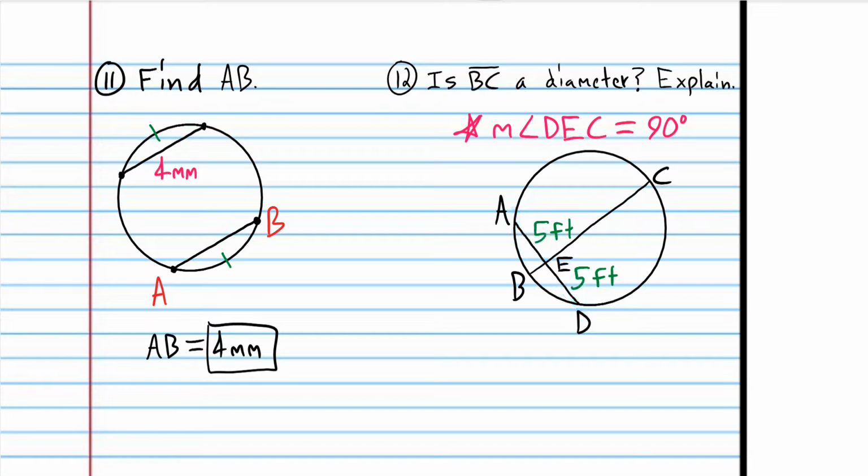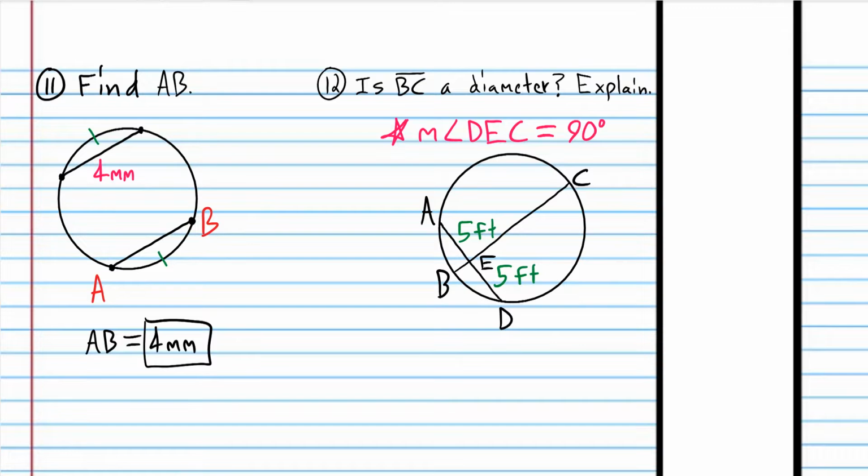So we have to figure out if this chord here is a perpendicular bisector of this chord. Now it does bisect the chord because we have 5 feet and 5 feet. It cuts it right in half. And we're also told in those pink letters that this angle here, DEC, the measure is 90 degrees, so that means it's perpendicular. So this chord here is a perpendicular bisector of this chord, proving that BC is a diameter. So the answer is yes.